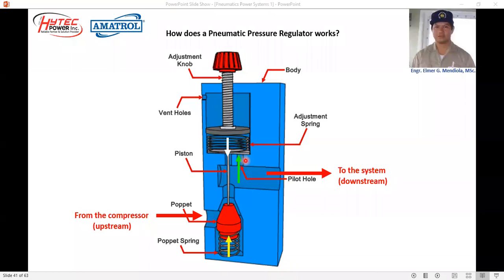Then we have the vent holes. This is also a very important part of the pressure regulator, because we cannot help it, but some of the pressurized air will move through this void past the piston, because the piston normally is not perfectly sealed.